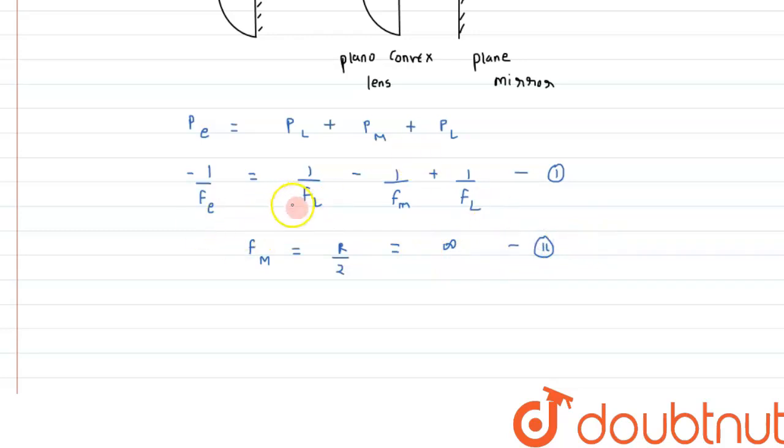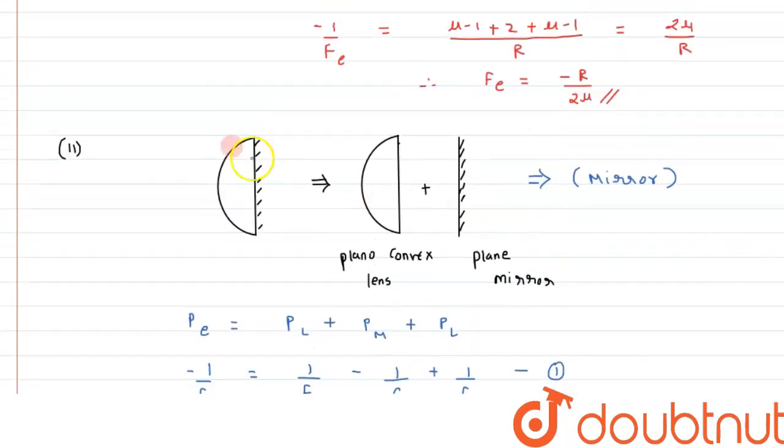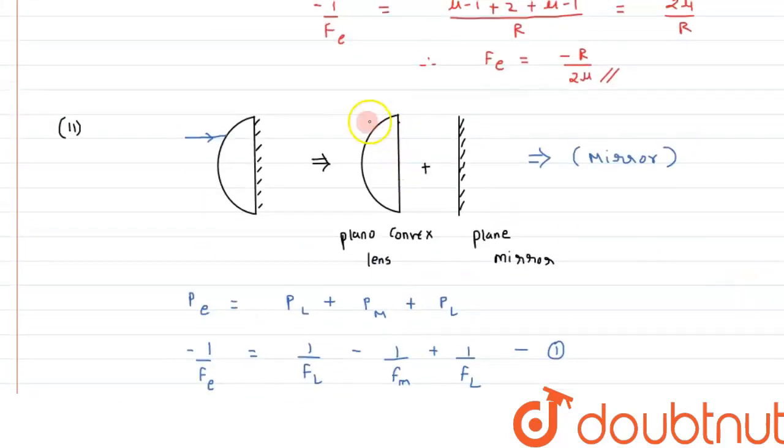So now it's time to calculate the focal length for the lens. By the lens maker formula, 1 over Fl equals mu minus 1 into the first refracting surface, that is, when the light is incident, the first refracting surface is the curved surface and its radius is in the direction of the incident light, so it has to be taken as positive, and we are assuming that its radius is r.